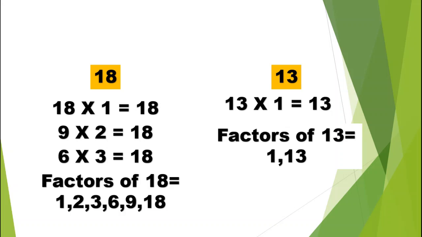So what have we observed with the factors of 18 and 13? Very good. 18 has more than two factors, but 13 has only two. So what are these numbers?